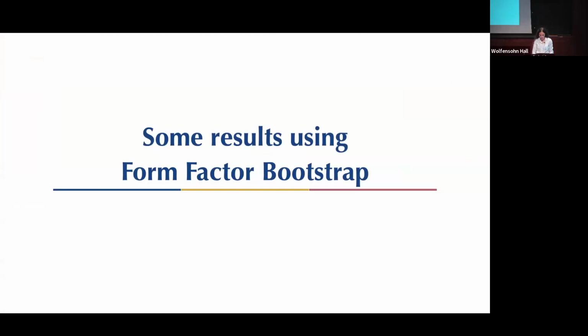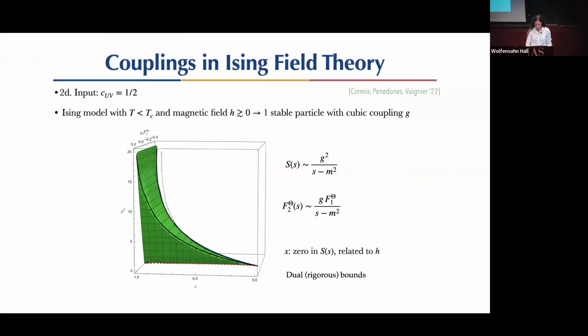So I will just show some results you can get using this form factor bootstrap. The first one is here. In this paper, the idea was to input some information about the UV, and in this way try to bound the parameters for a particular theory.